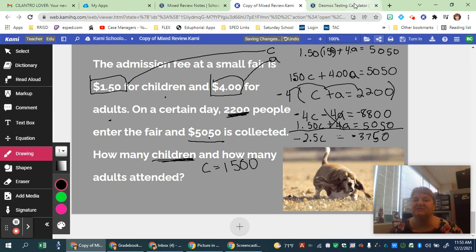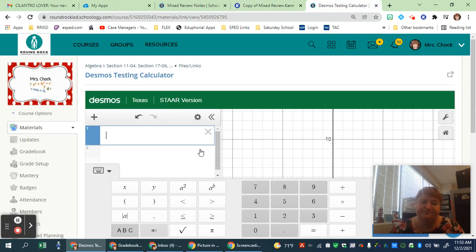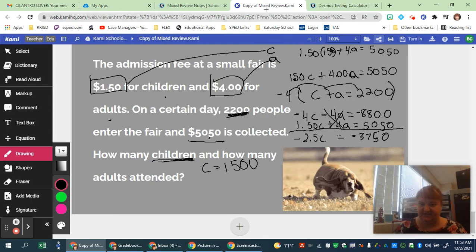So 1,500 times $1.50. 1,500 times 1.5 equals 2250.